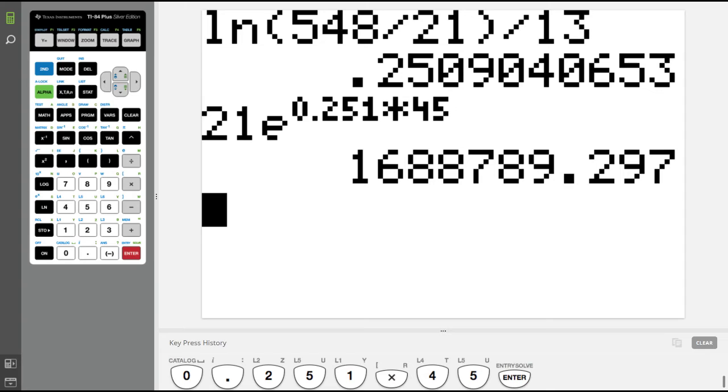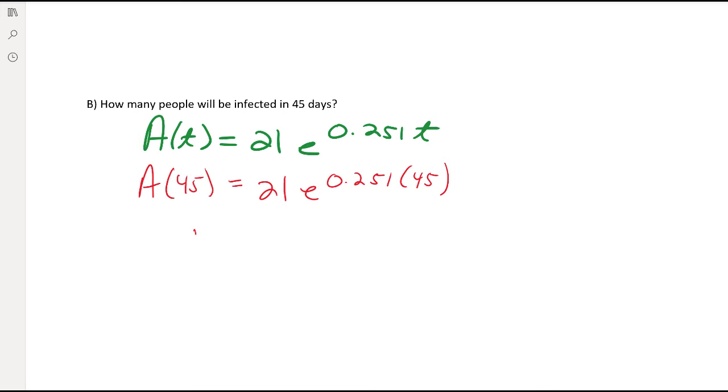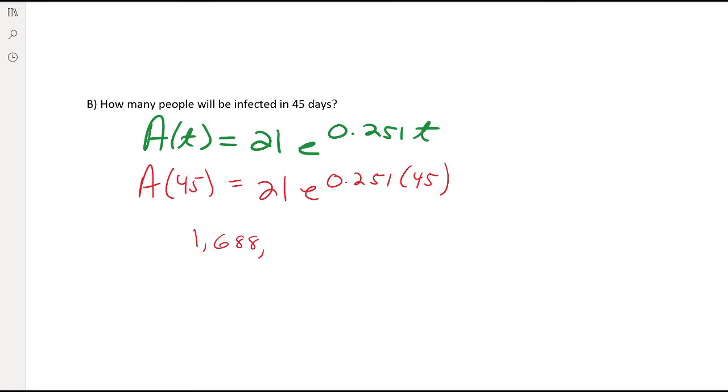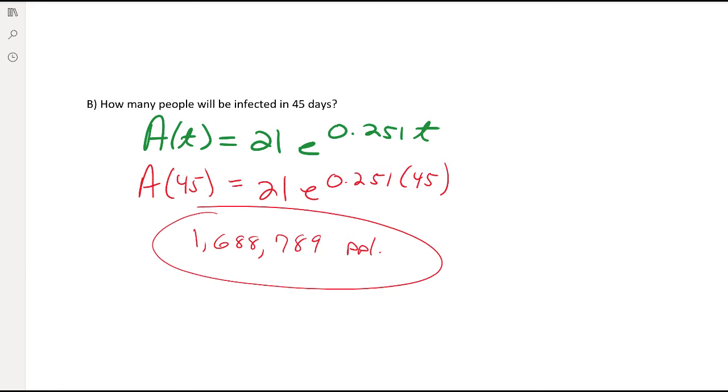So then it's going to be 1,688,789. All right. That's what happens in an exponential growth model. It grows very quickly.